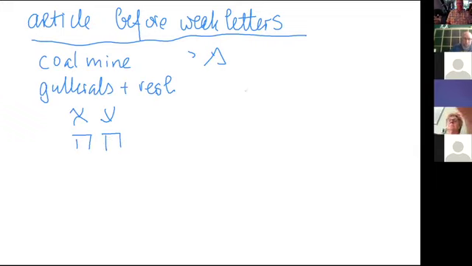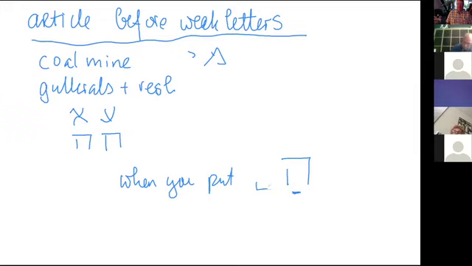So there is some difference in what is going to happen when you put the definite article hey together with the dagesh forte before a weak letter. And it goes especially about what happens with the dagesh.